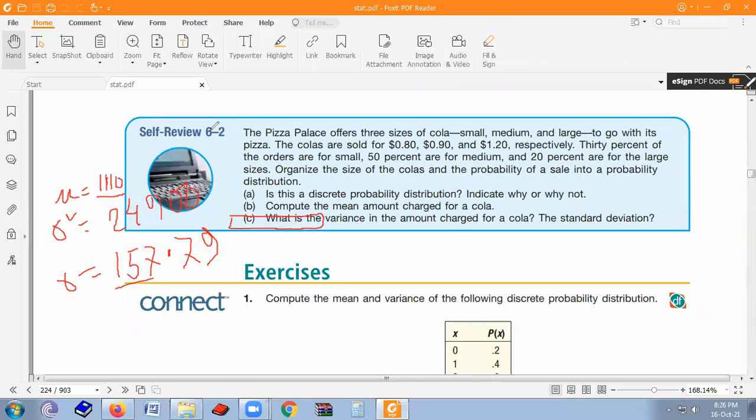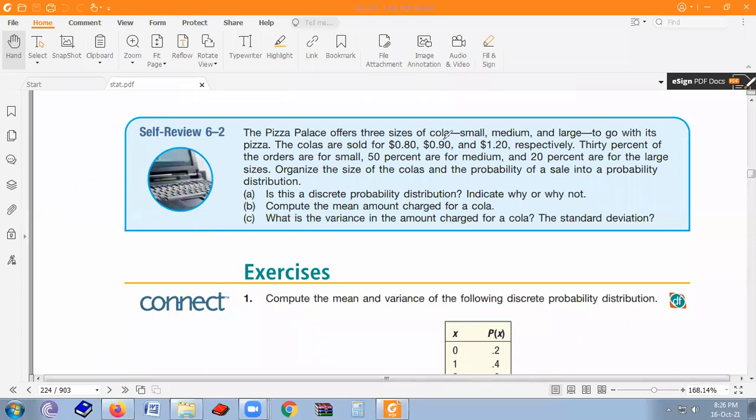So self-review 6-2. Pizza Palace offers 3 sizes of cola, small, medium, and large, to go with its pizza. The colas are sold for $0.80, $0.90, and $1.30 respectively. 30% of the orders are for small, 50% for medium, and 20% are for the large sizes.